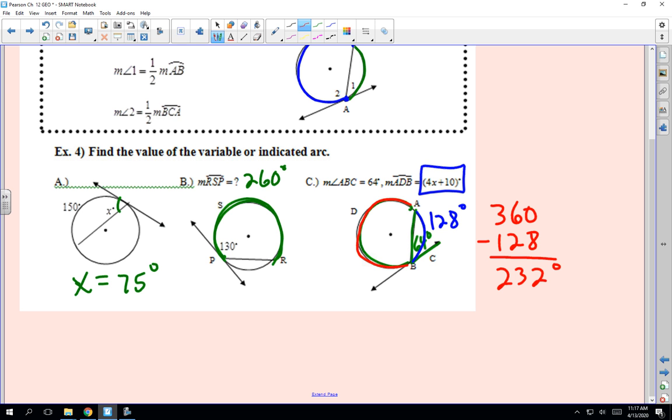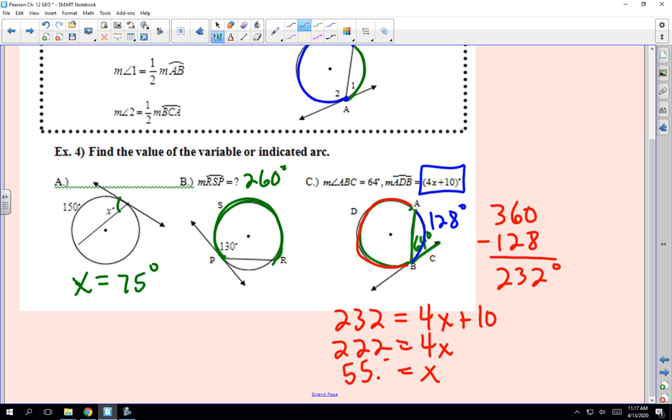And I can set that 232 degrees equal to the 4x plus 10 and use that to solve for x. So subtract 10 over, this is 222 equals 4x. Divide by 4, so x equals 55.5, I believe, is what x is equal to. 222, yeah. So that's it.